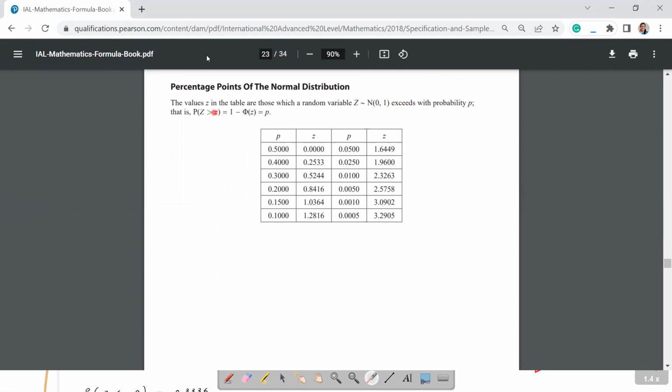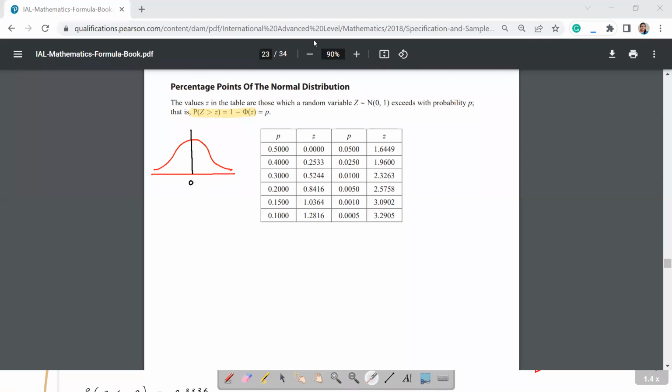In this particular table, pay close attention to this, they are giving you the area that is greater than Z. The area they're talking about here is probability Z greater than z, or the 1 minus Φ(z) area is what they have given you.